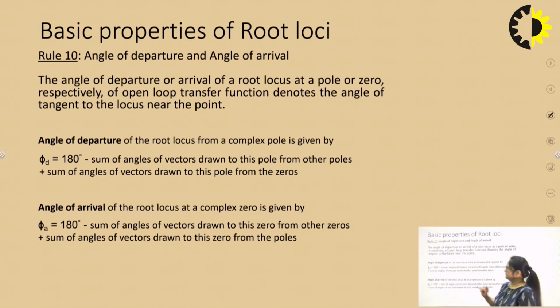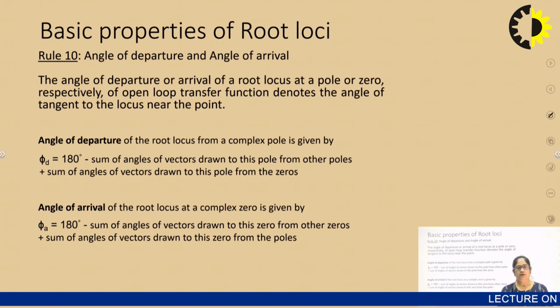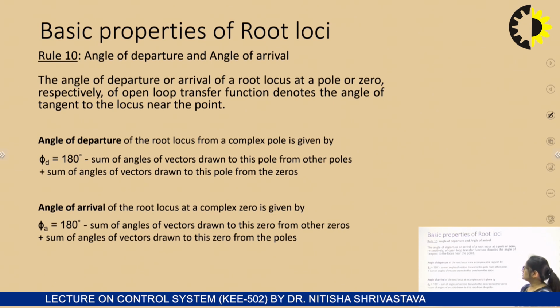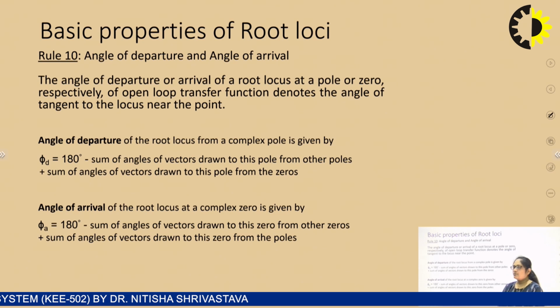Rule number 10 is about determining the angle of departure and angle of arrival. For poles it is angle of departure, and for zeros it is angle of arrival. So where do we come across these in the root locus?